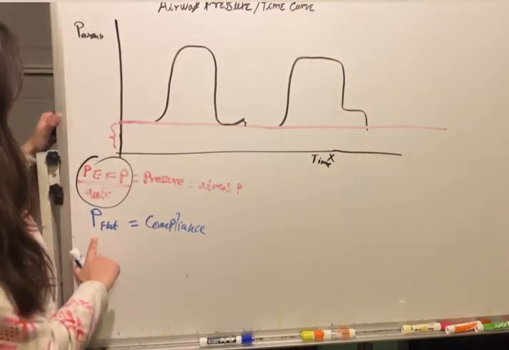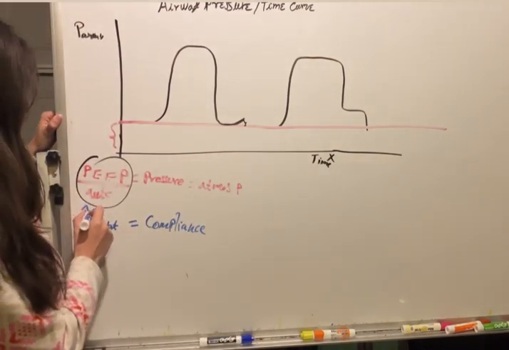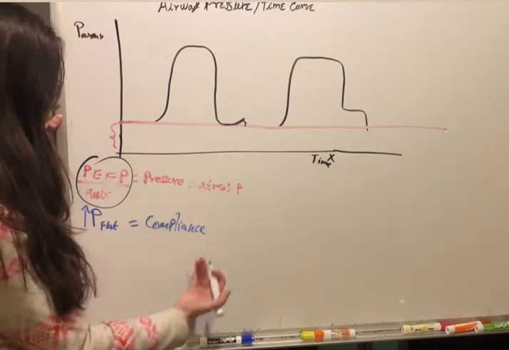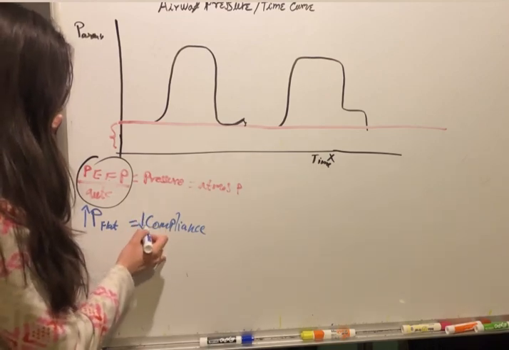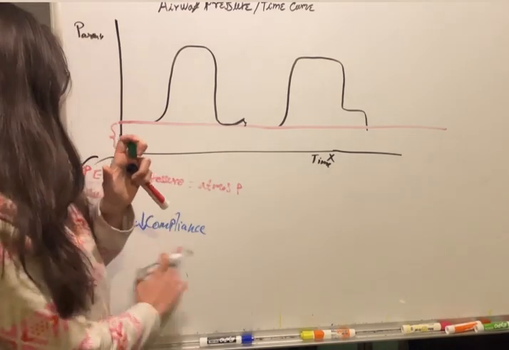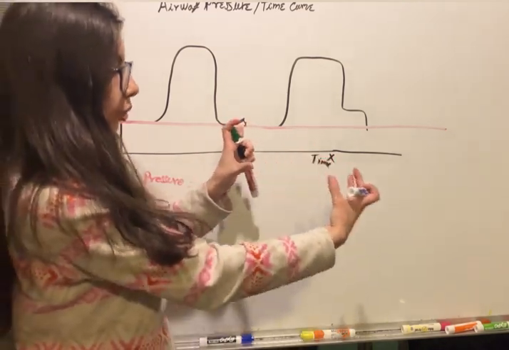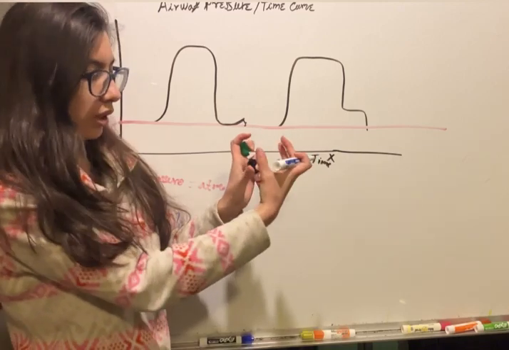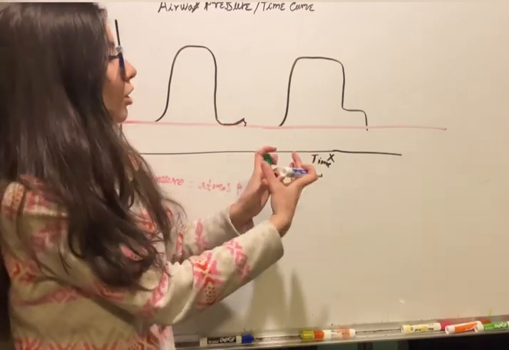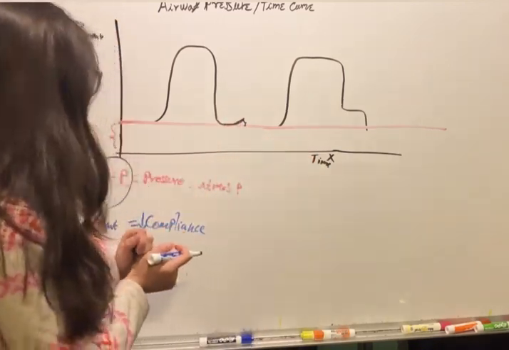So if the plateau pressure increases, this means that the compliance of the lung is decreasing. As plateau pressure increases, the lung is not easy to expand. So the compliance is decreasing.